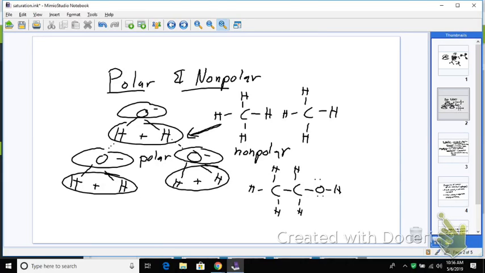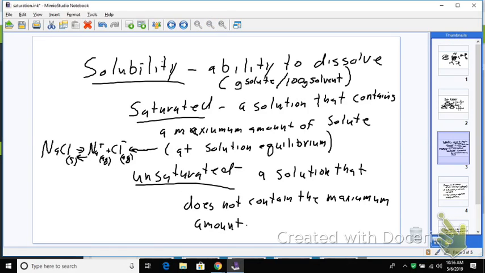Okay? Now, I'm going to give you a definition for solubility, and then I'm going to give you saturated and unsaturated, and you guys can write that down. Take two to three minutes to do that, if you would.